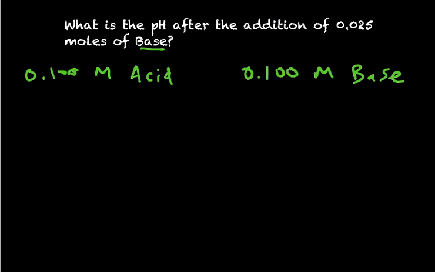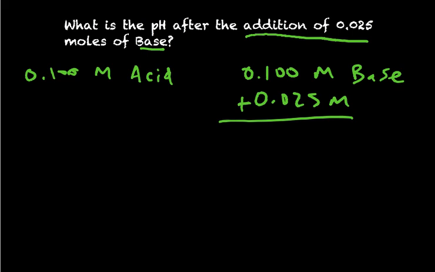Okay, this time we're adding 0.025 moles of base, which would give us a new concentration of 0.125 moles.